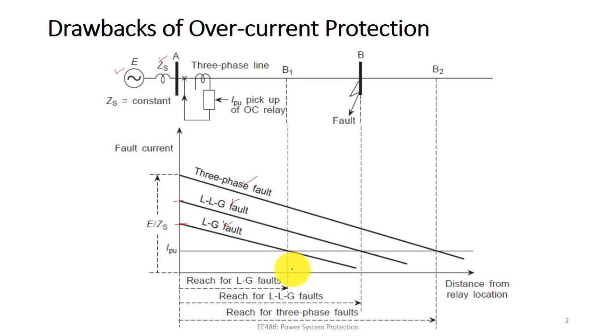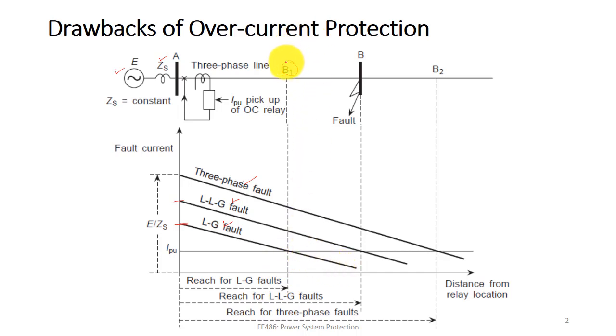Now if we put in the pickup current IPU, the reach for the LG fault will be B1. Beyond this it will not pick up for LG fault, only up to B1.